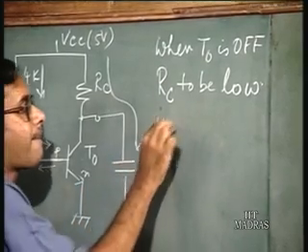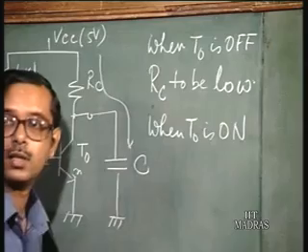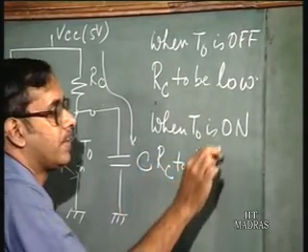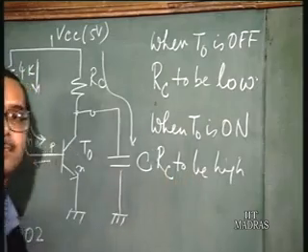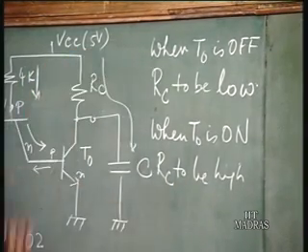And when TO is on, we want RC to be high. So basically we have two conflicting requirements.